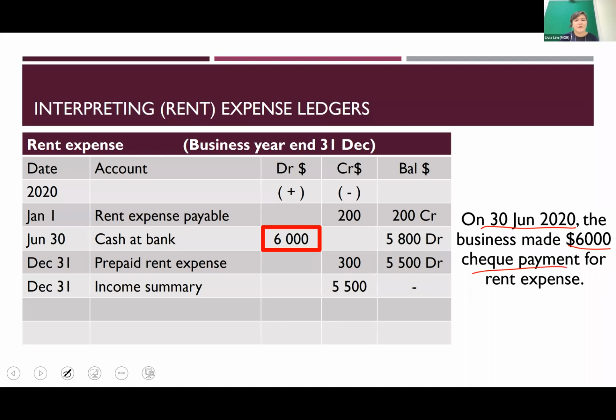You must say cheque payment because I need to know how the business made this payment. And what did they pay it for? They made a payment for rent expense. So telling me that they made a payment for rent expense is actually telling me what happened.